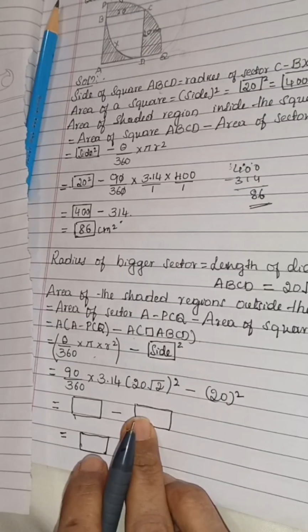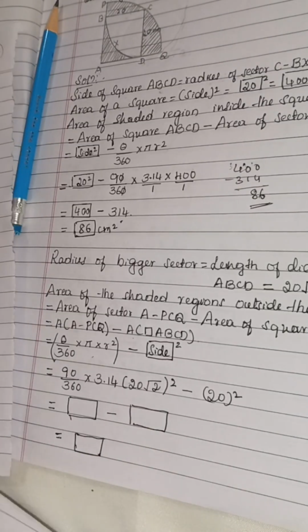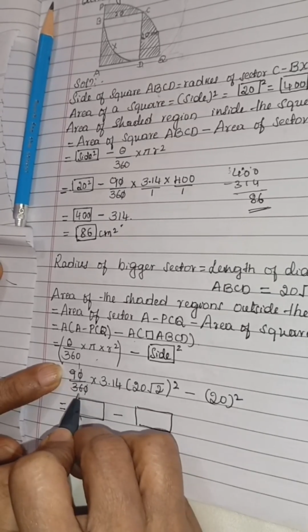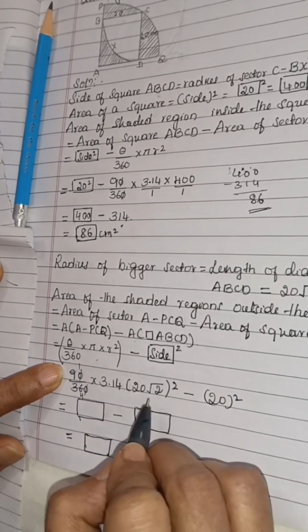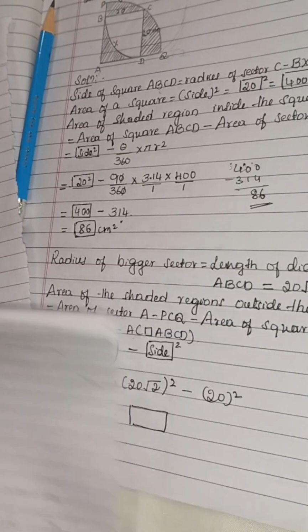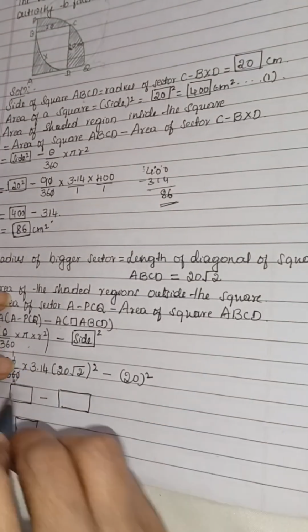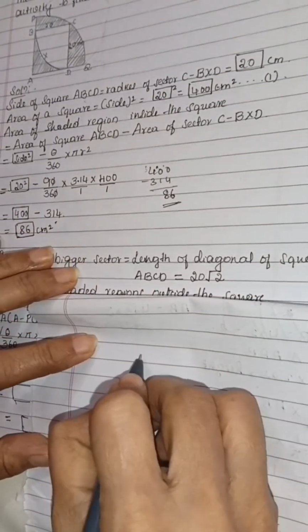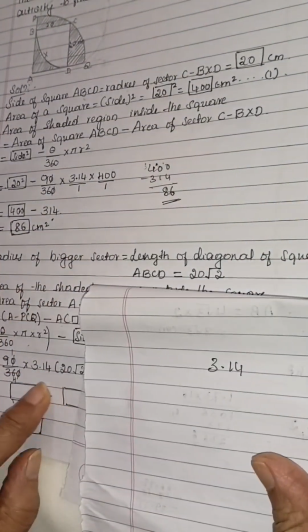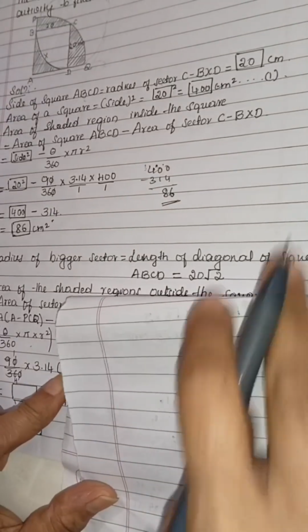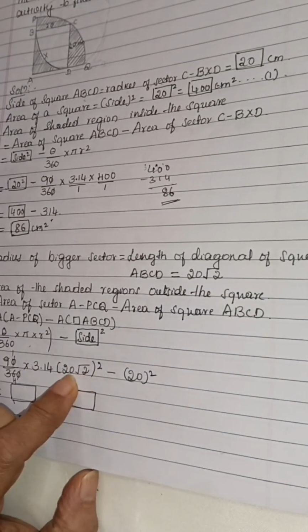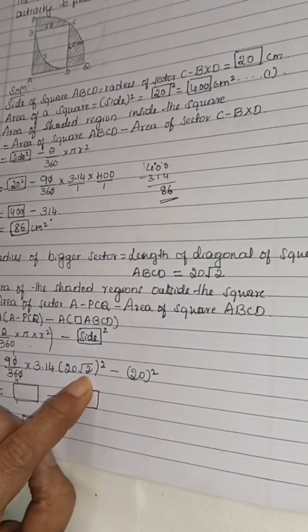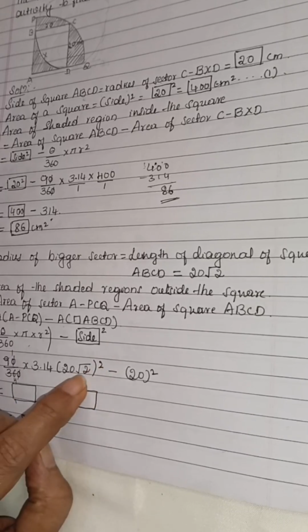Now we have to simplify. The 0s cancel, 9 ones are 9, and 4. So 3.14 into 20 square, which is 400, multiplied by root 2 whole square.